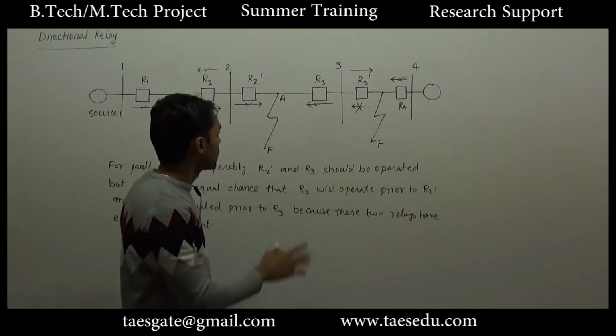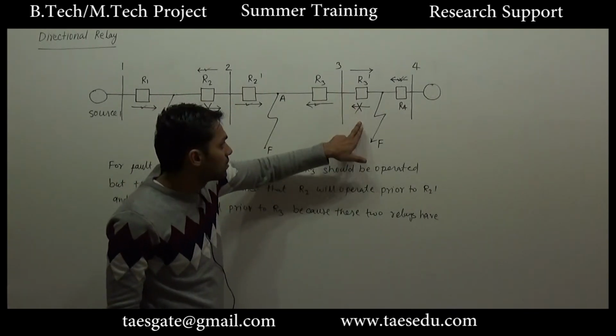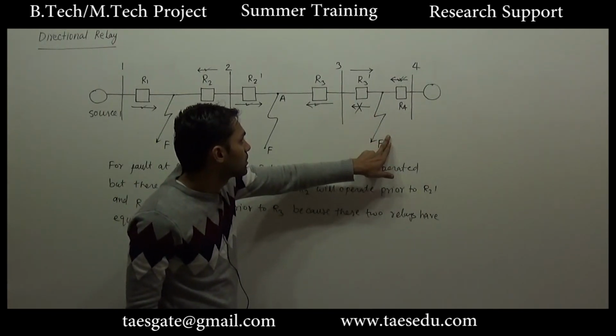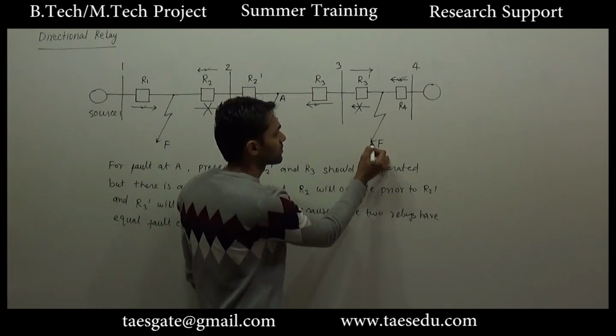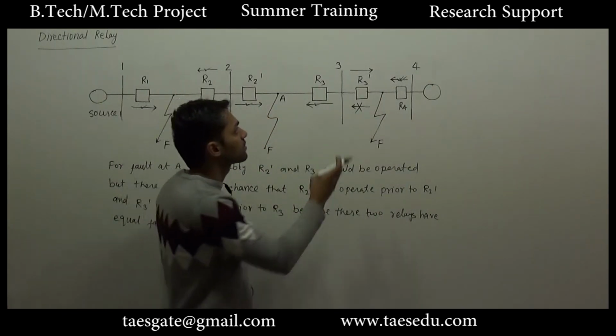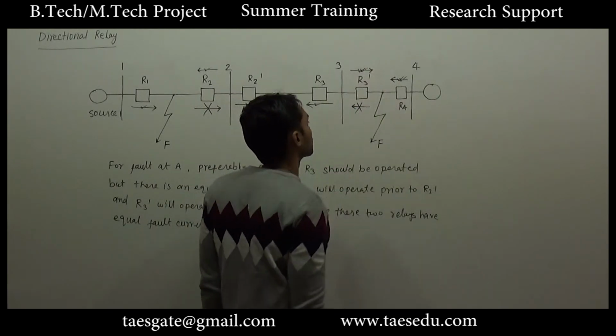According to this fault, relay R3 should not operate for a direction of current from right to left, but this fault demands relay R3 to operate for the direction of current from left to right. So this will operate here.